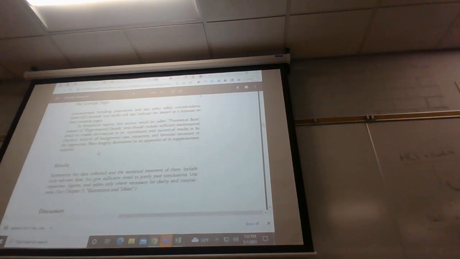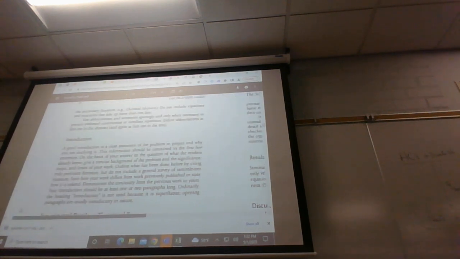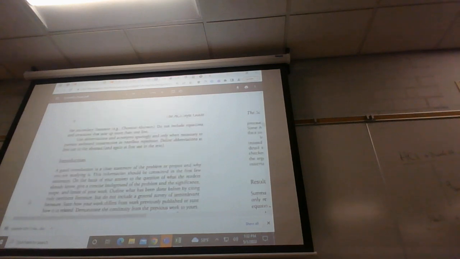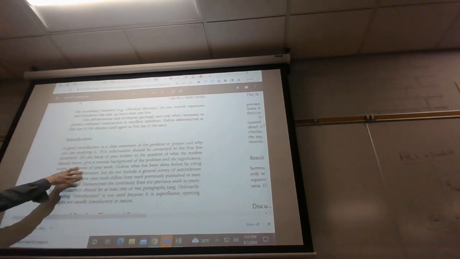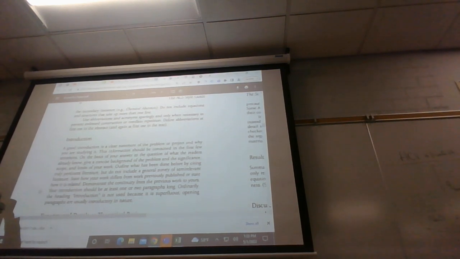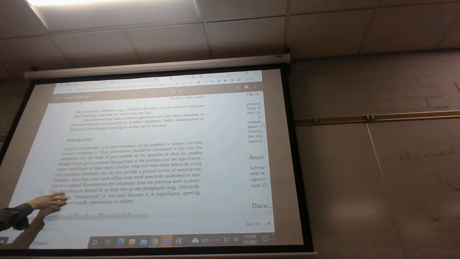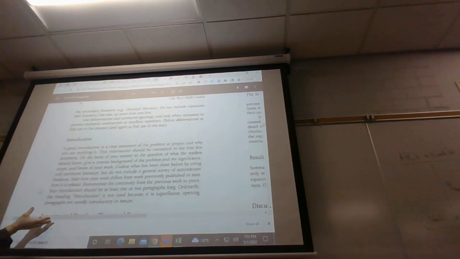Okay, the next section of the paper is the introduction. So the introduction could be historical, and puts what's been done in the past for this particular system, or it could be things that are of interest today for this system.